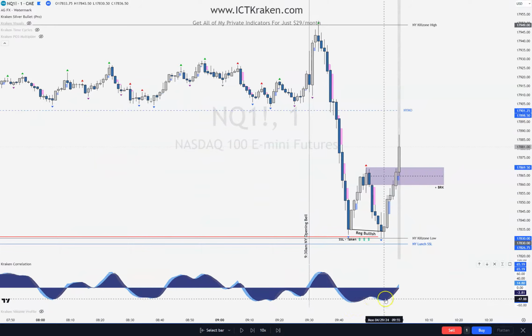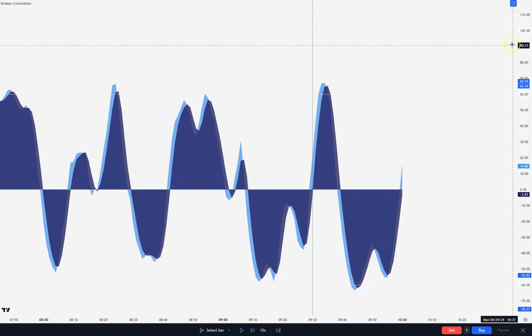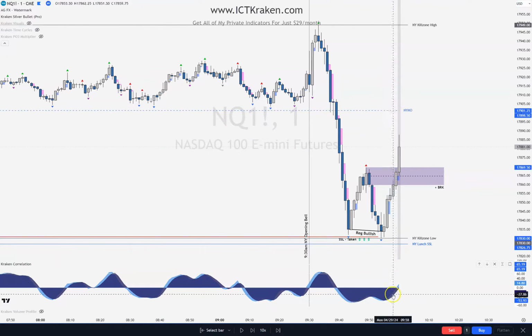So that's a trick. You can always expand it to see. So even though they're really close, you really want to expand it. So like, let's say these ones, this peak and this peak is really close together, right? When you expand it, they're way different. Okay, so that's how you want to do that.